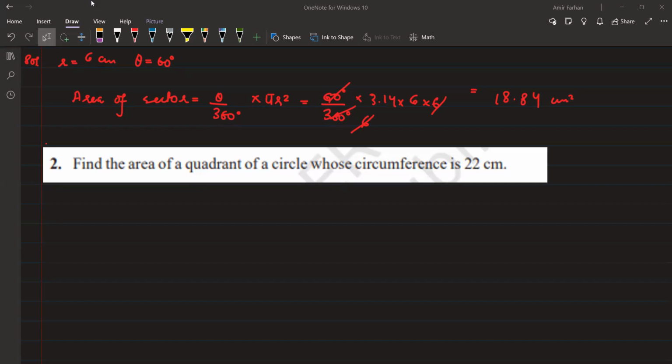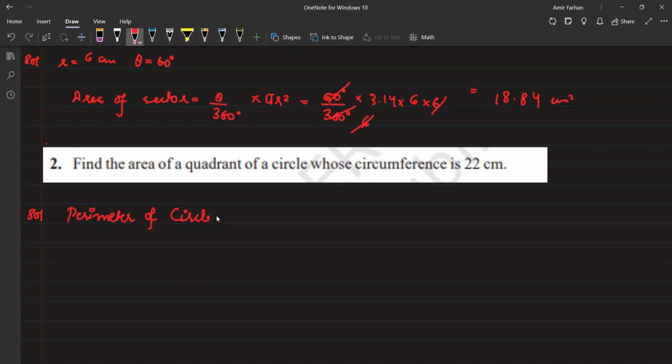Can you do it? Okay, Adil, the question is saying that circumference is given. Circumference is the perimeter, right? So can you tell me the perimeter of the circle? 2 pi r.